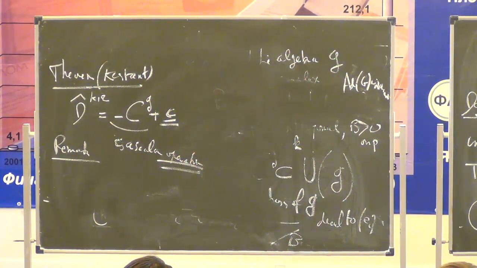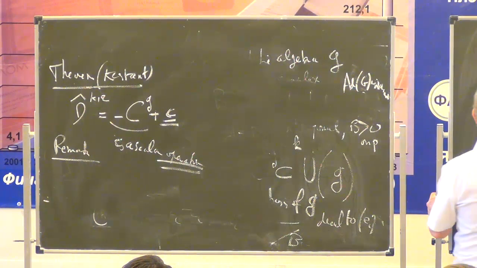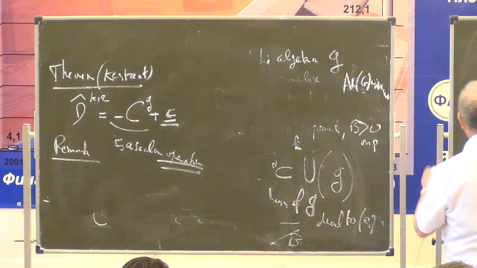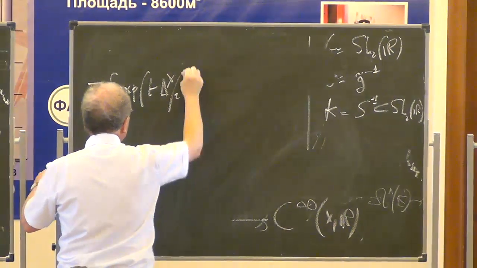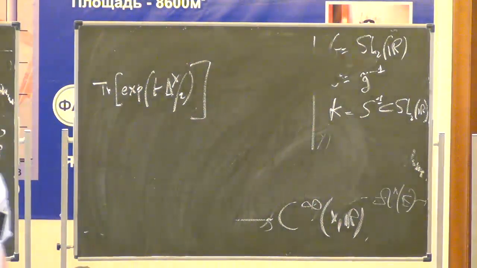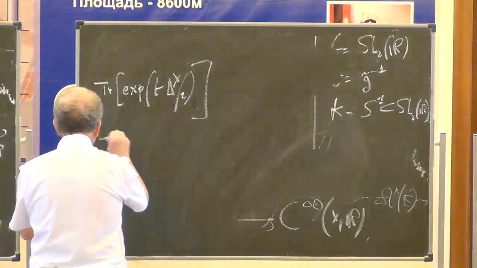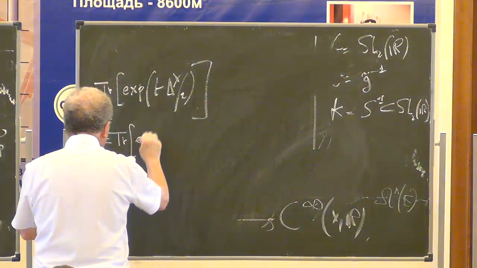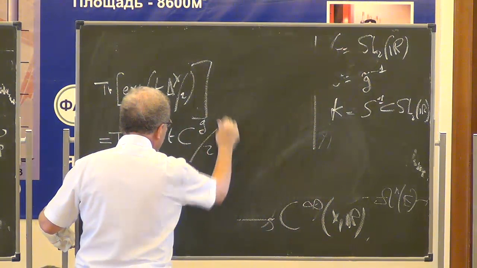Okay, so what are we going to do with this? Now we just go back to the question of computing the trace of exponential of delta X over 2, my original question of computing the trace of the heat kernel. But now I told you that this is just a trace of the action of minus t times the Casimir of G divided by 2.